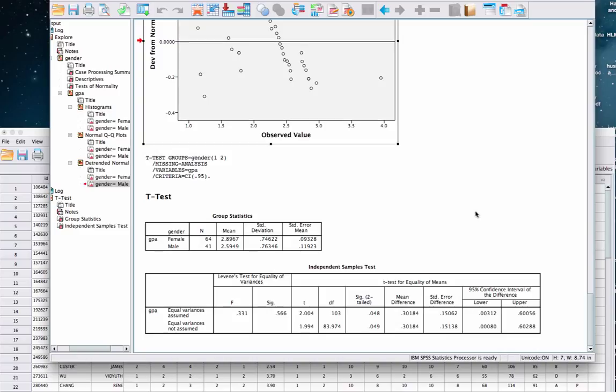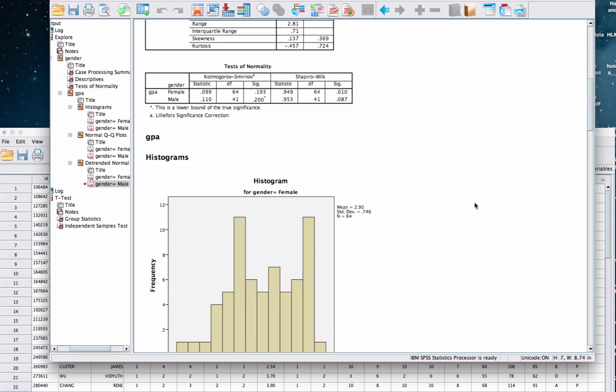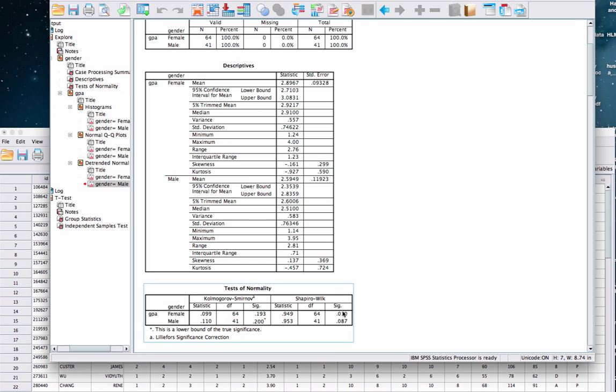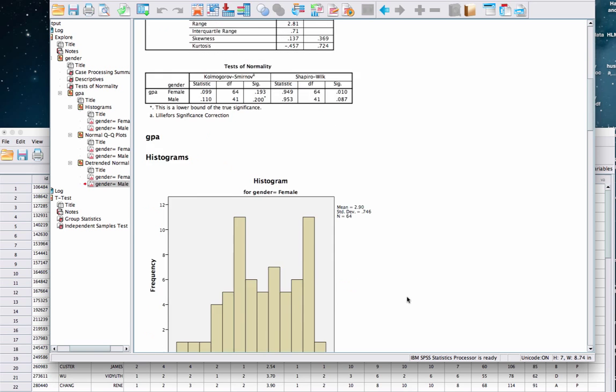So, two things. We see that the Levene's test is not significant, and so we've satisfied the assumption of equality of variances. We see also from the Shapiro-Wilks test that one of our groups is skewed, so we don't satisfy the assumption of normality.